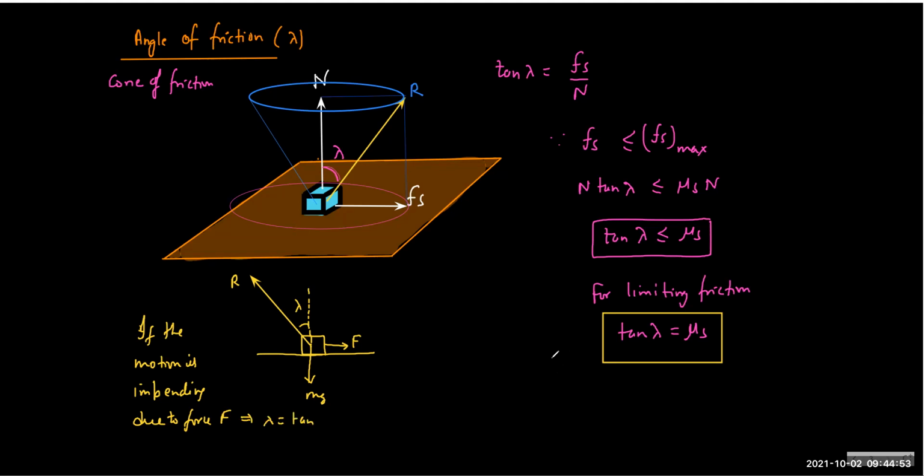So we have reached this condition. Okay, so lambda is tan inverse mu.